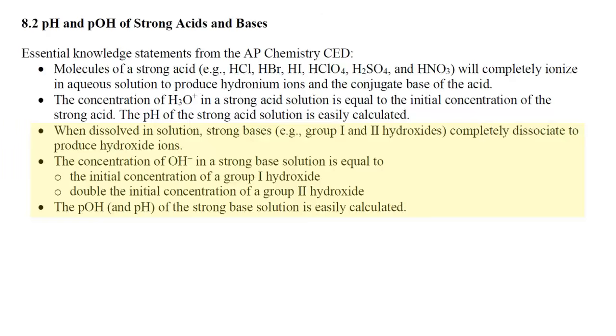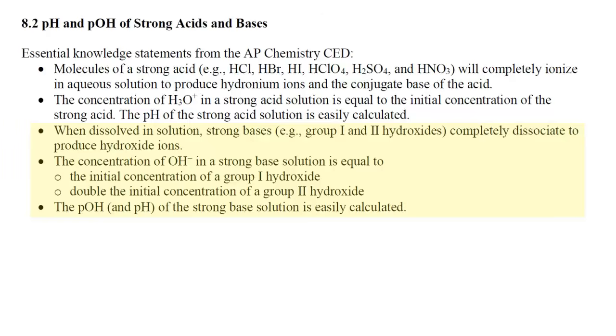It says the concentration of hydroxide in a strong base solution is equal to the initial concentration of a group 1 hydroxide. That would be a 1-to-1 ratio for such compounds as sodium hydroxide or potassium hydroxide. But then it says is equal to double the initial concentration of a group 2 hydroxide.